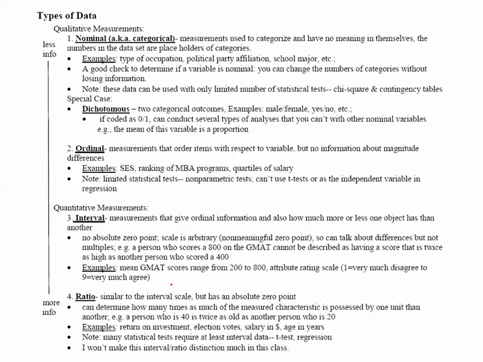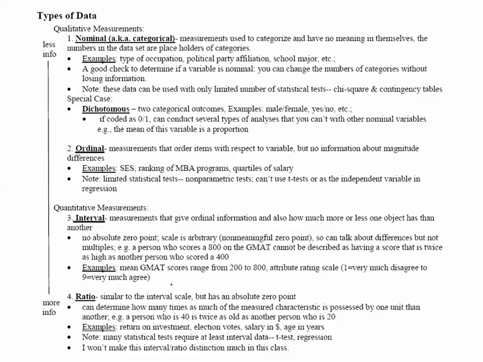Dichotomous variables will commonly be more useful. These are categorical variables that have only two possible outcomes. So for example, male and female. It really doesn't matter whether you give the males a 1 and the females a 0 in your data set, or you flip that. The fact is that there can only be one or the other is important.